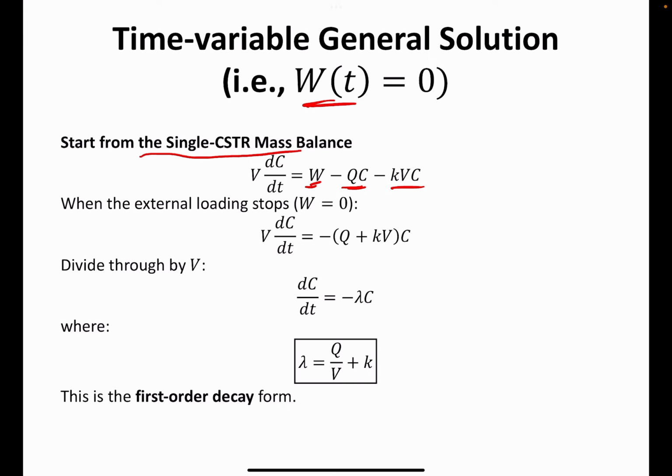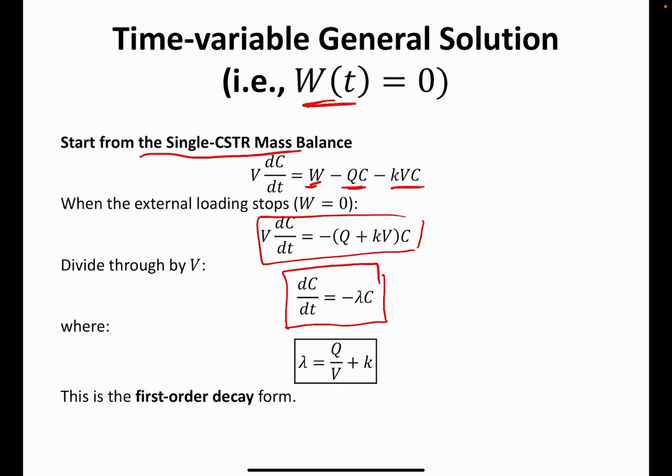When the loading stops, or there is no loading, this simplifies to dC over dt equals minus lambda C. Remember lambda from last time? And lambda is equal to Q over volume plus K, and this is for first order decay.